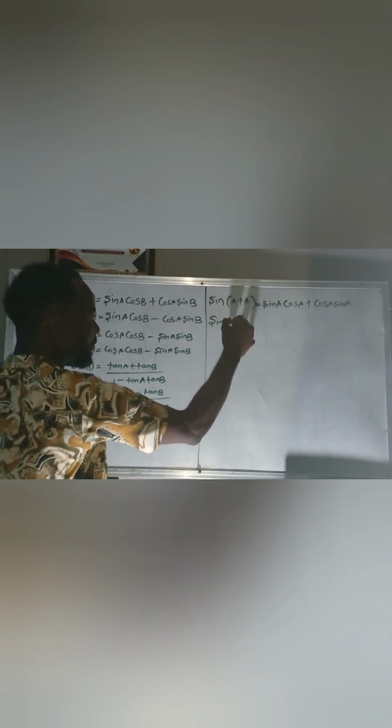So that means that A plus A gives us 2A. A plus A is 2A. Then sine A cos A plus cos A sine A, this one and this are the same. So it is just like saying 1 plus 1, which is 2.